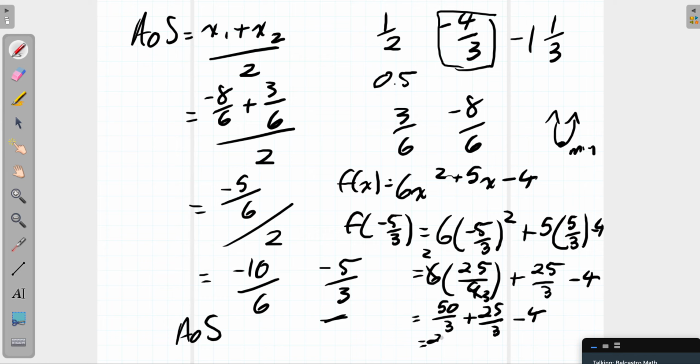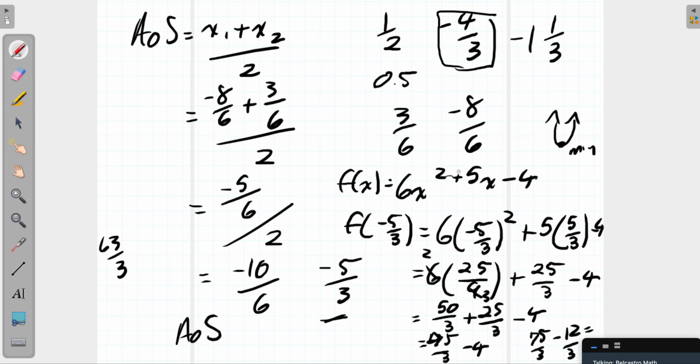I'm running out of room, but that's 75 over 3 minus 4. 4 is going to be 12 over 3. So we're going to look at 75 over 3 minus 12 over 3. And that's going to give us our minimum value for this one. So that gives you 63 over 3.